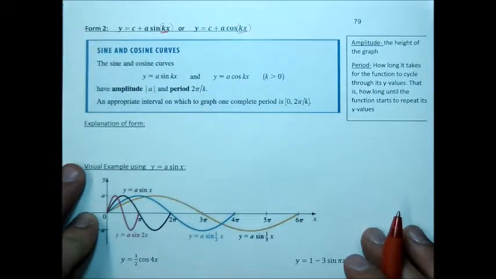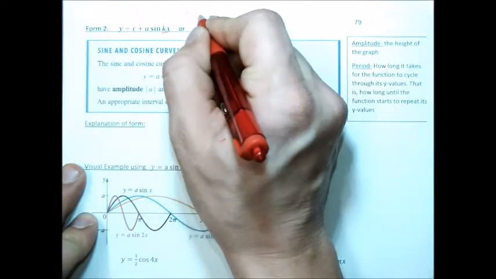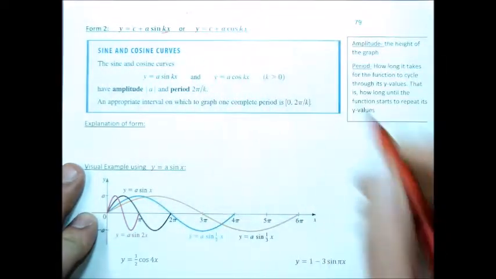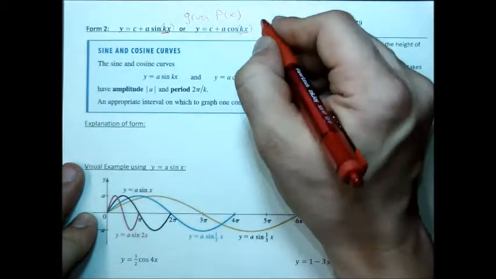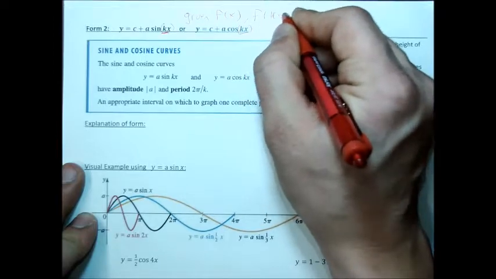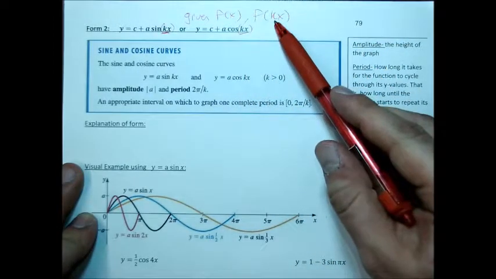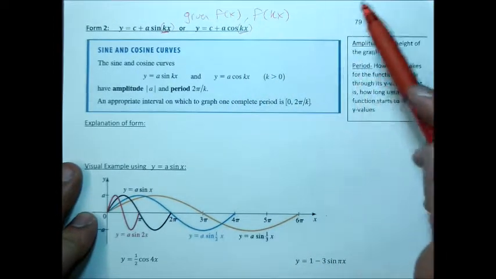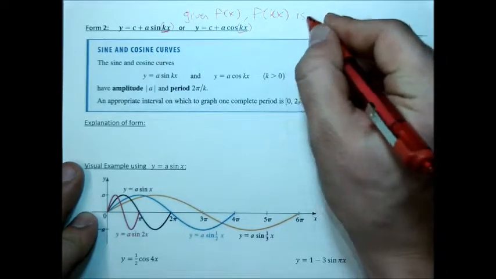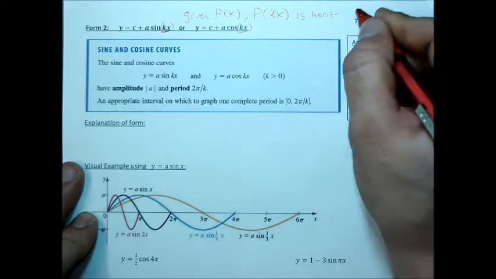If we think back to the transformation section, if we're given a function f of x, think about what is f of kx. Remember that? That's multiplying by a number inside the function. What that does is it horizontally shrinks or stretches.